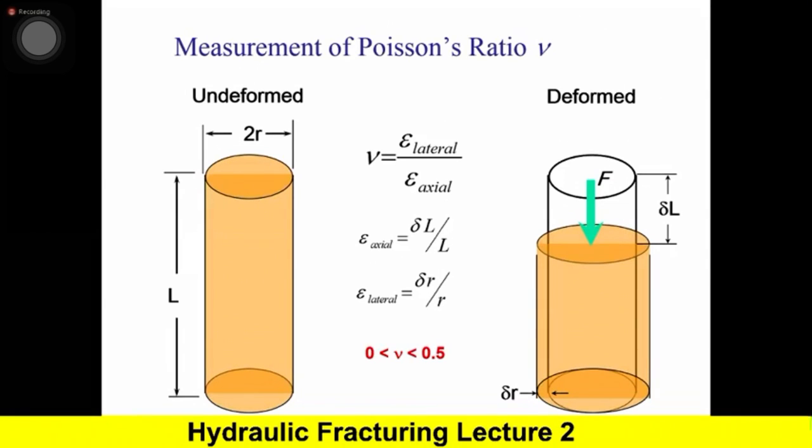And why is that? 0.5 means that the rock cannot carry any load. It's almost like a fluid, like a liquid, so obviously that is not the case. I used to give a problem for students to understand that better. Okay.